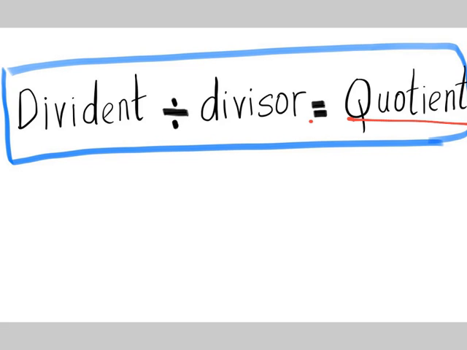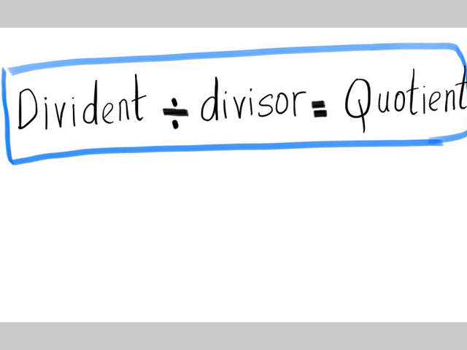Okay, so dividend divided by divisor equals quotient. A dividend is the number that is being divided in the division process. A divisor is the number by which the dividend is being divided. And quotient is the result obtained in the division process.